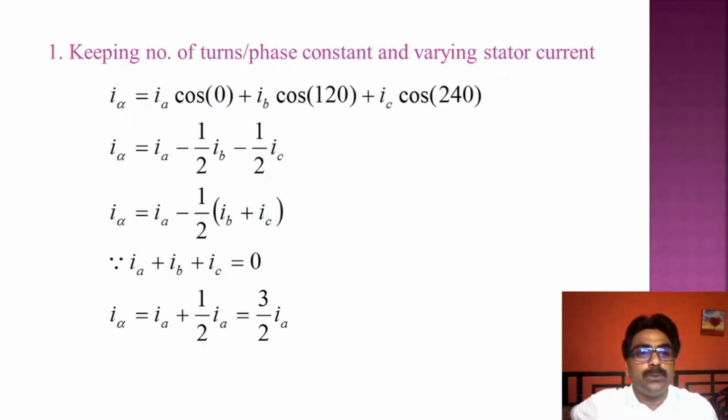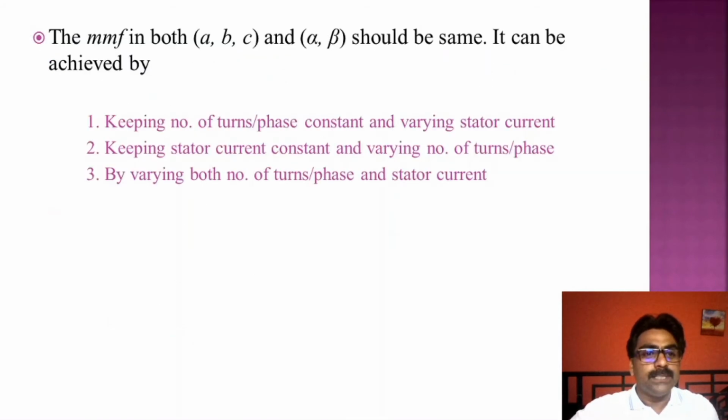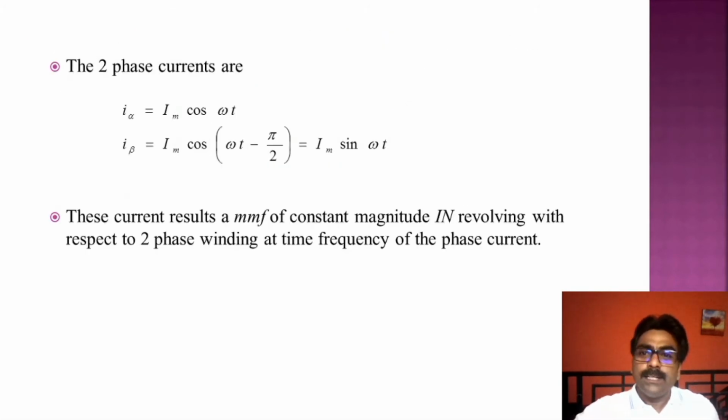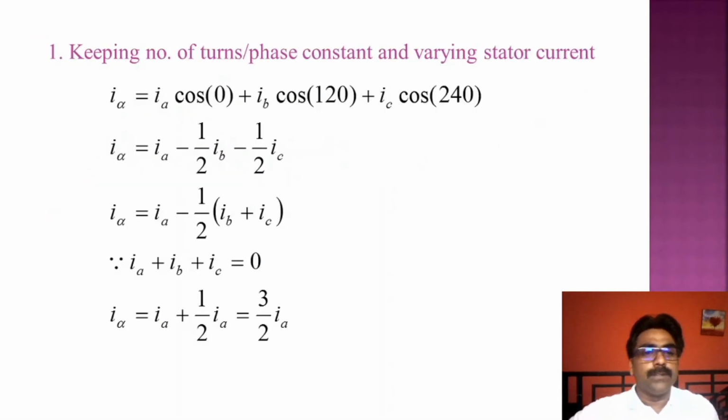In order to do that, based on the basic equations and the diagram which we have already seen, we can easily write this equation for alpha and beta. I alpha is equal to Ia cos 0 plus Ib cos 120 plus Ic cos 240 degrees.